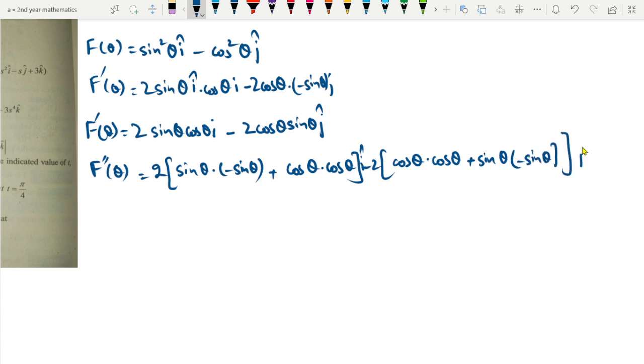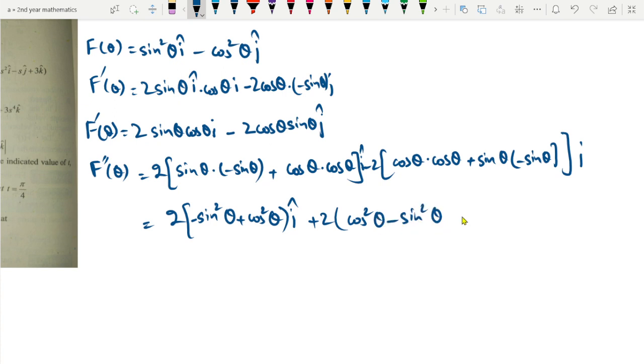So this is j. So this will become 2 into sine square theta plus cos square theta i, and this will become plus 2 cos square theta minus sine square theta j. So this is our answer.